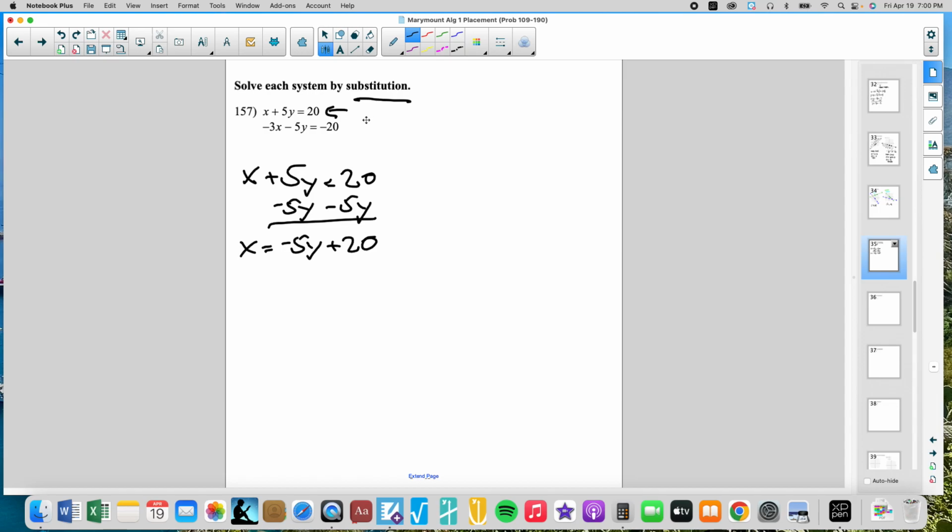And now we're going to substitute it into this bottom equation, -3x minus 5y equals -20. So we are going to take this equation and substitute it in for where we see an x.